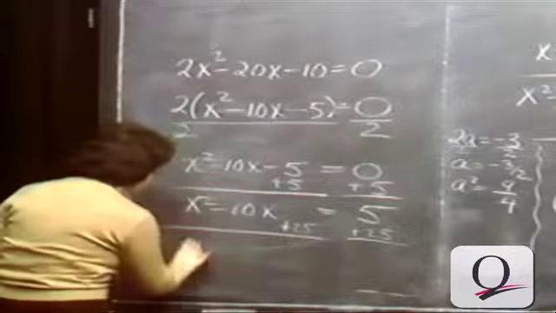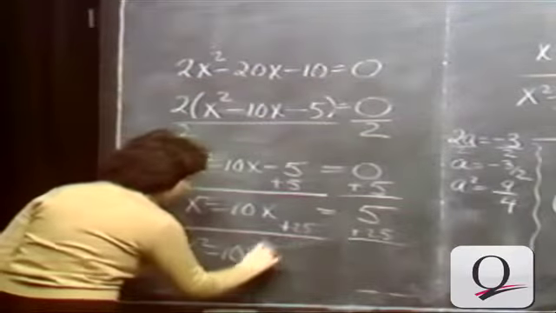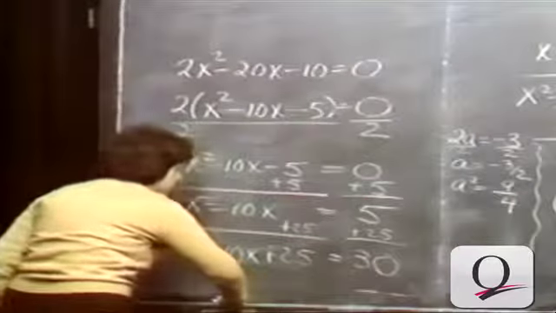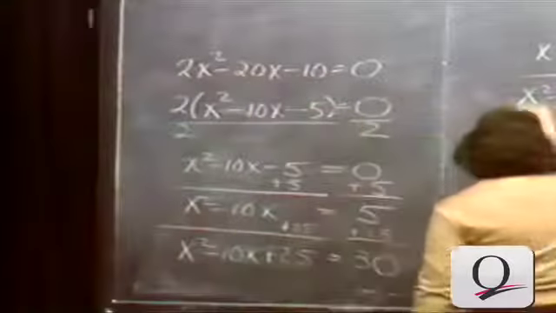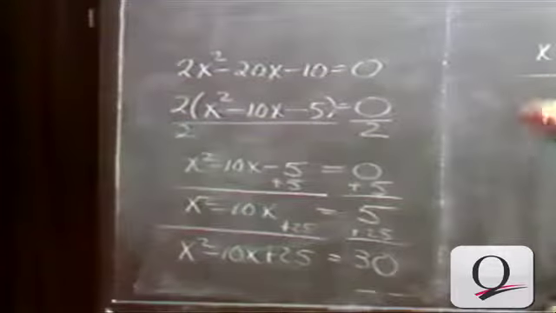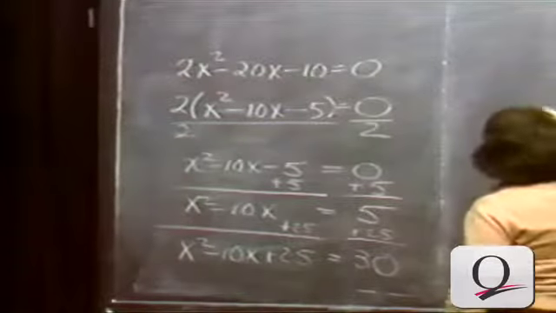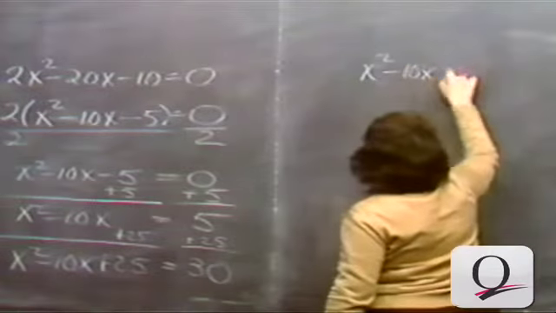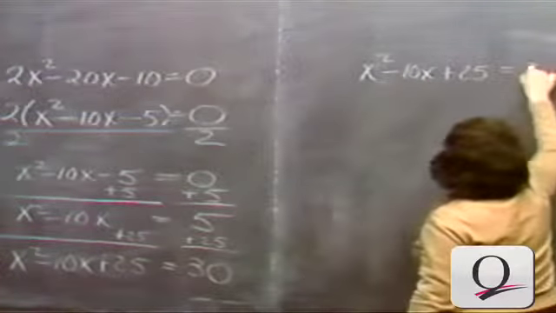When we do that, we get x squared minus 10x plus 25 equals 30.